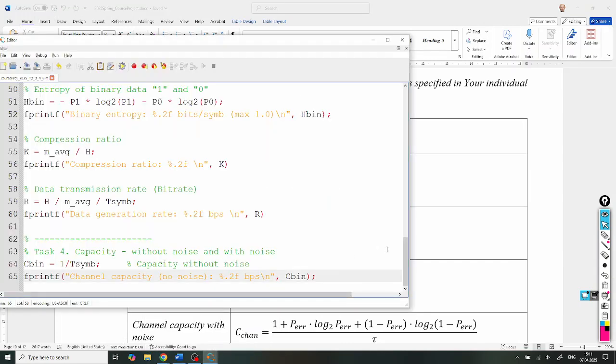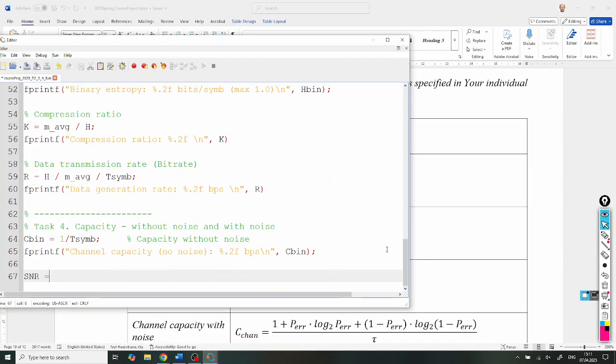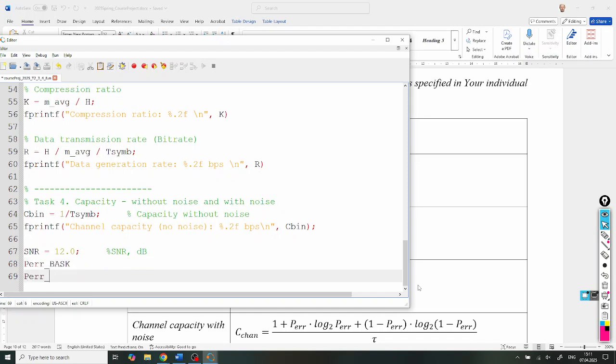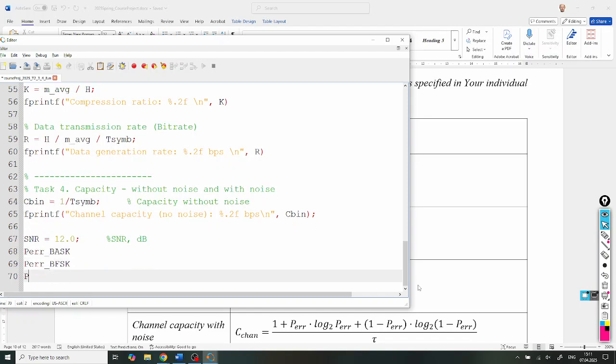So SNR is 12.0, SNR in decibel. And modulation wise, I'm going to calculate all 3 error probabilities, like P error BASK, P error BFSK, and P error BPSK. But you only need to do one.